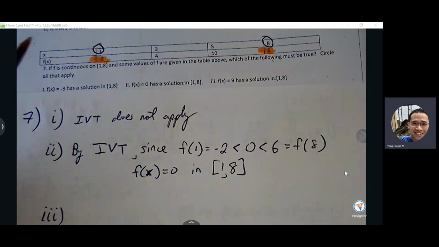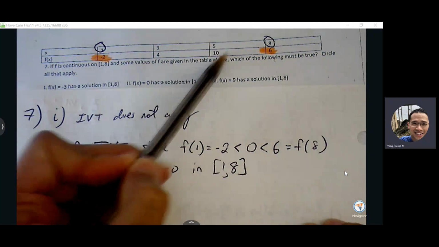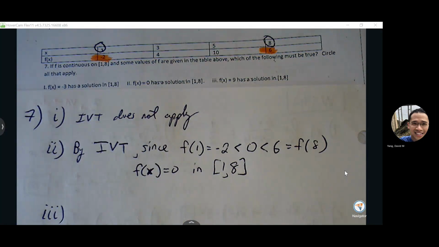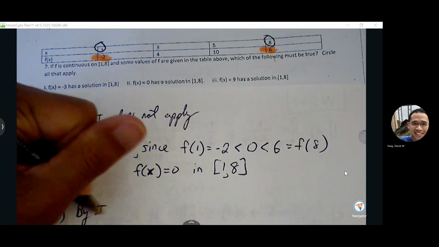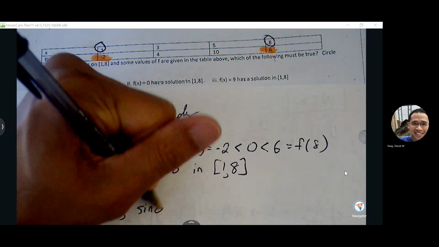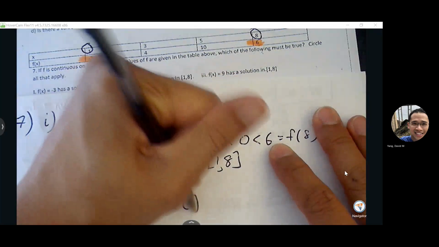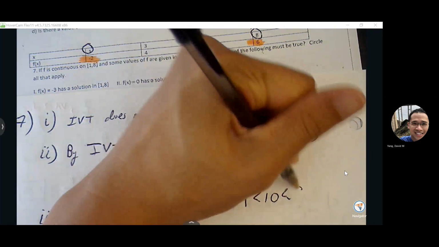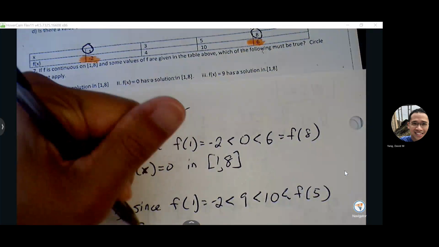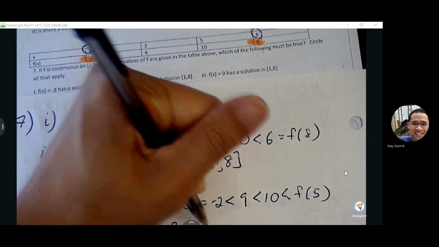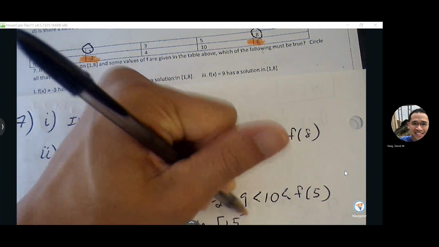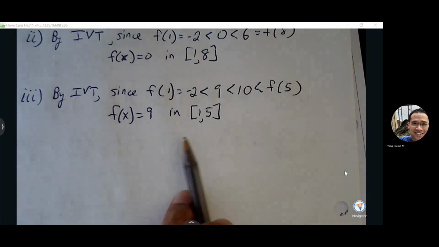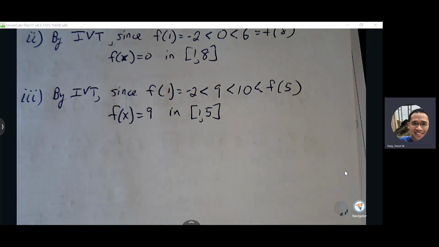So we can make that conclusion because we have something to work from. And then I'm adjusting the interval because technically 1 to 5 is just a subset of 1 to 8.